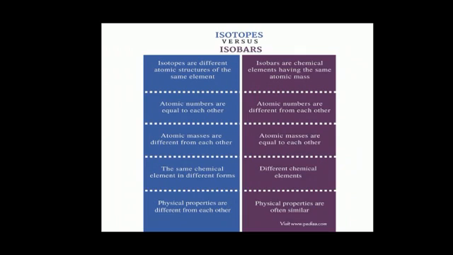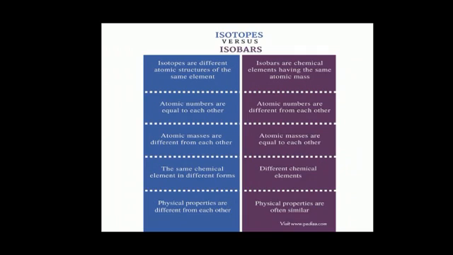In isotopes, atomic numbers are equal to each other. And in isobars, atomic numbers are different from each other. In isotopes, atomic masses are different from each other. But in isobars, atomic masses are equal to each other.